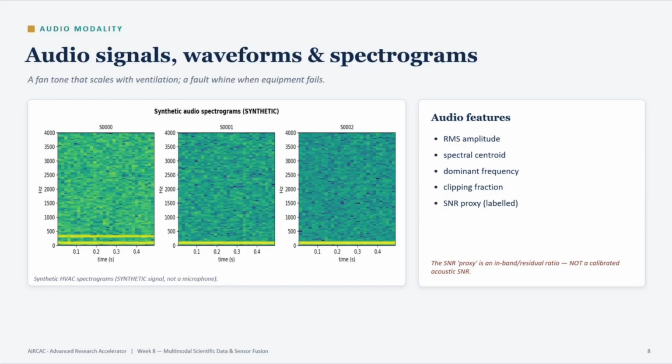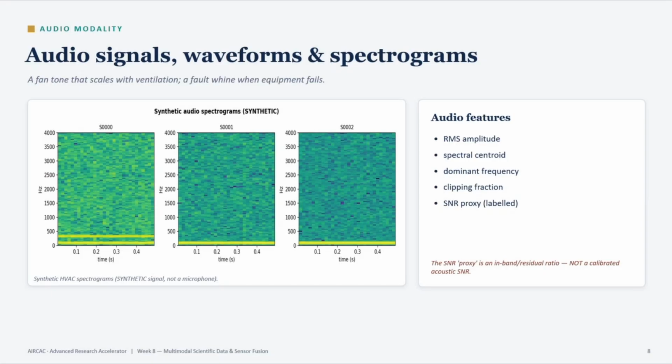We can visualize the signal as a waveform, but the spectrogram is particularly useful because it shows how the frequency content changes over time. From the audio, we calculate features such as RMS amplitude, spectral centroid, dominant frequency, and clipping fraction. We also calculate a signal-to-noise ratio proxy, SNR.